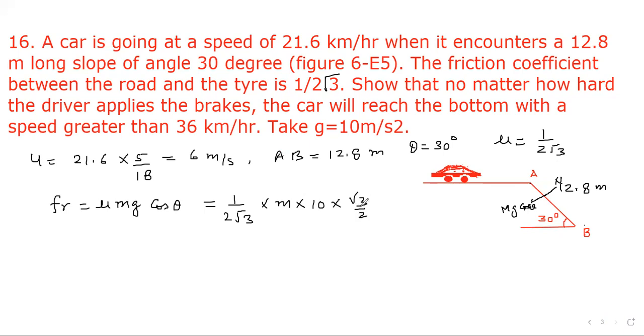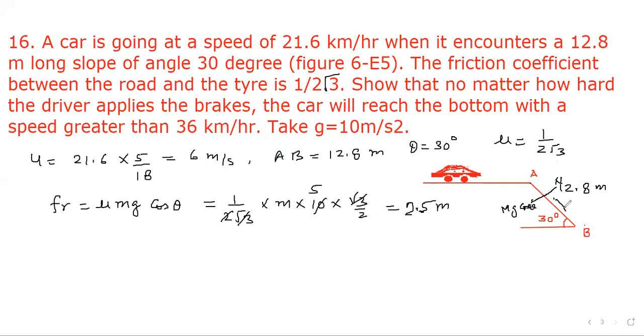Cos 30 is root 3 by 2. So here, let's cancel it, 5 times root 3 will also get cancelled. 5 by 2 m, so 2.5 m is the friction. Now, let's find out the downward force.